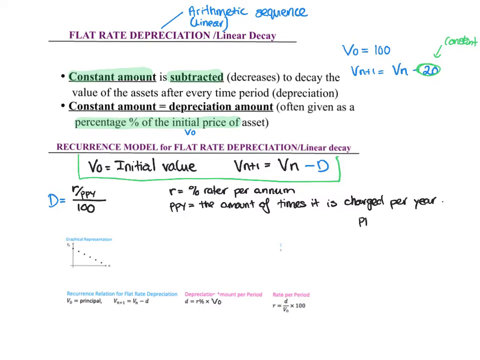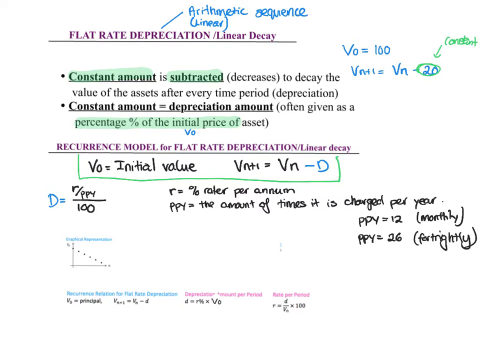So if PPY equals 12 if it's monthly. What about if it is fortnightly? PPY equals what if it was fortnightly? 26, guys? Yeah? You need to probably know this. Sorry, I think I spelled that wrong.